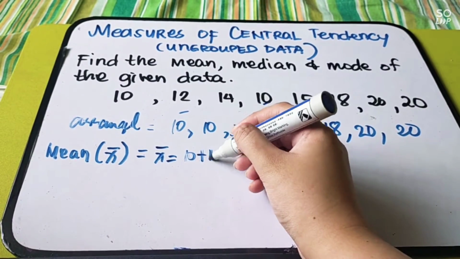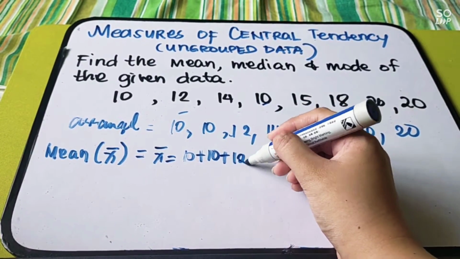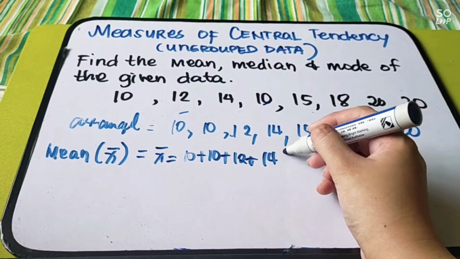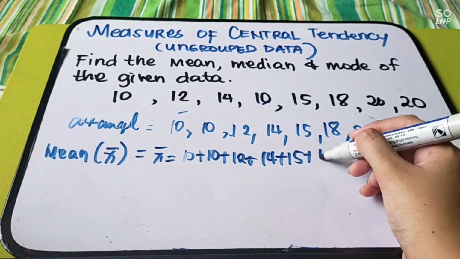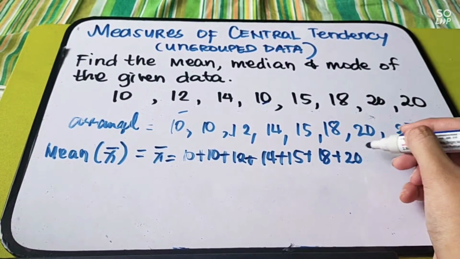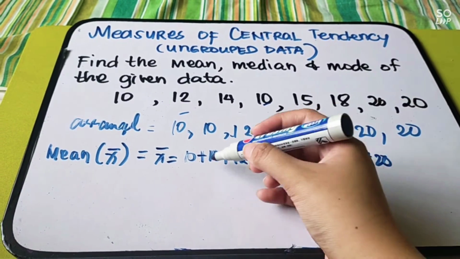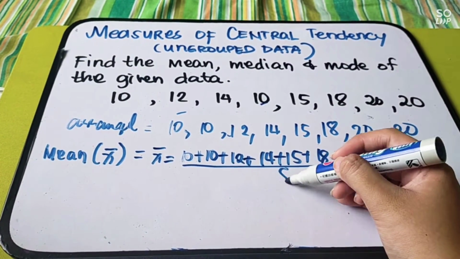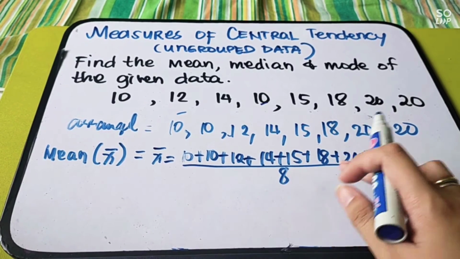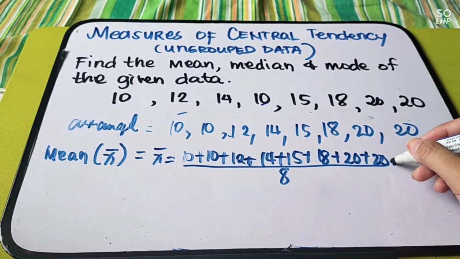So, we have 10 plus 10 plus 12 plus 14 plus 15 plus 18 plus 20 plus 20. Then, divide it by 8. Why 8? Because we have 8 data or scores.